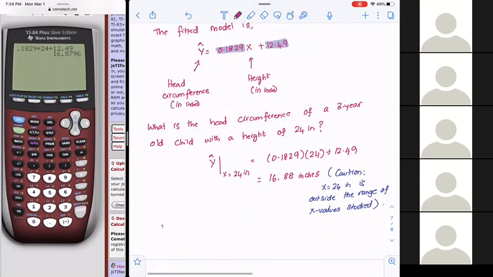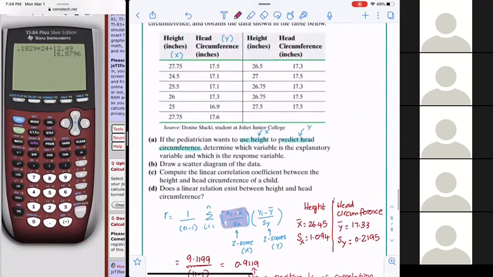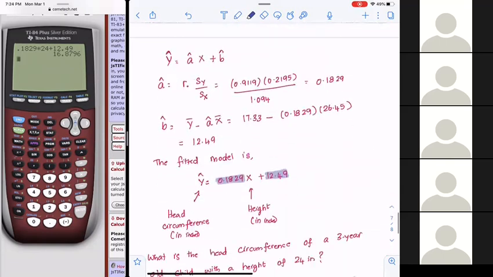So if we changed it and said, well, what if x is 24.75 inches? And 24.75 definitely is within the range of the data because I have 24.5 here corresponds to 17.1 and 25 corresponds to 16.9.